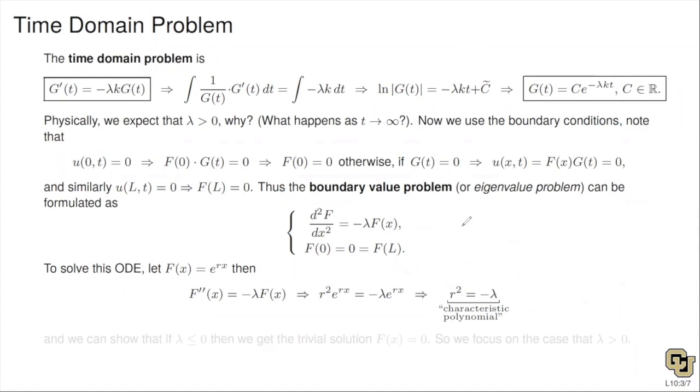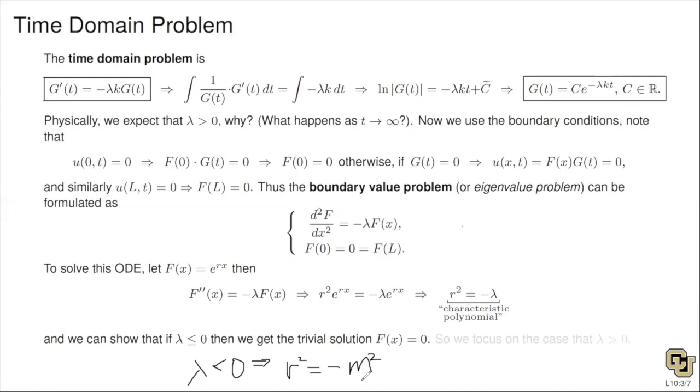In the case that lambda is negative, from just a math technical point of view, I would write r squared as, for example, negative m squared, where m is a real number.